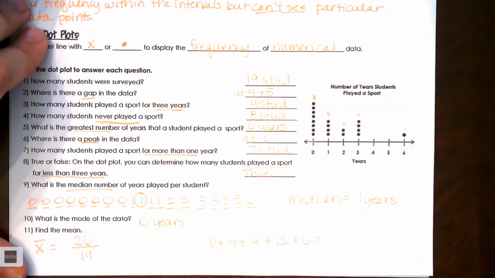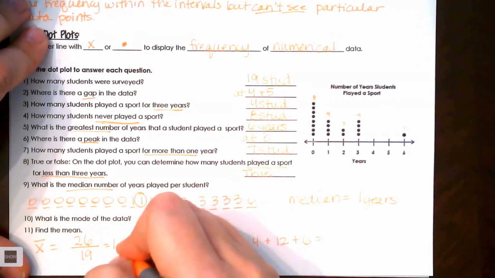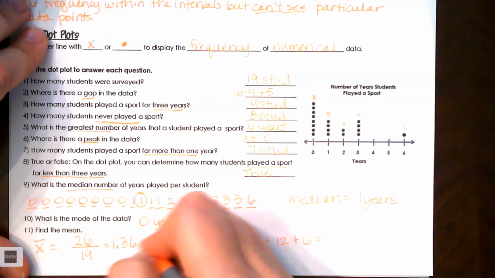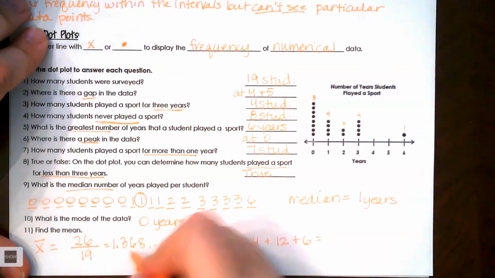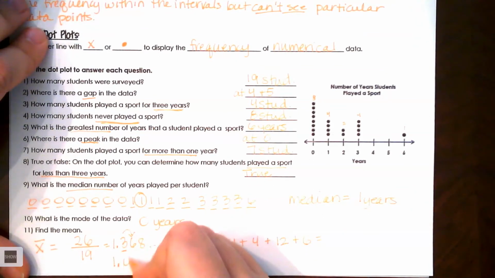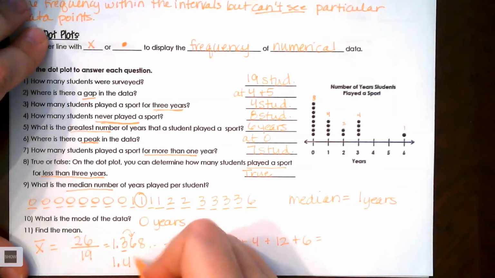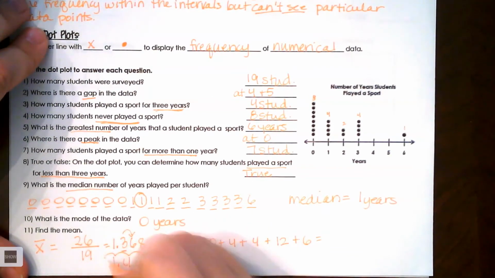And 26 divided by 19 is something crazy. 1.368, blah, blah, blah. And it doesn't repeat, so let's round that to the nearest tenth. So about 1.4 years would be the mean.